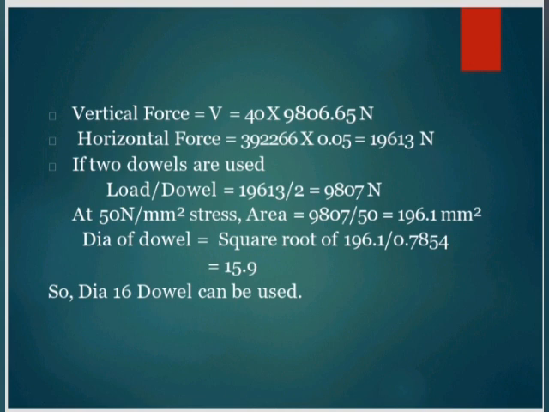Then dia of dowel is equal to square root of 196.1 divided by 0.7854. It comes approximately 15.9. So, dia 16 dowel can be used.